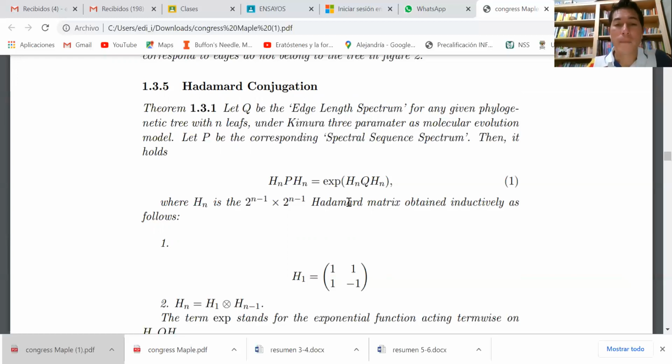So in real cases, it is easier to obtain the matrix P than to obtain the matrix Q, because we have nucleotide sequences for current lineages.